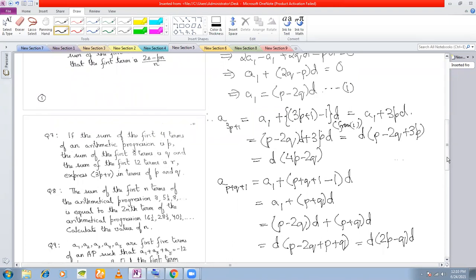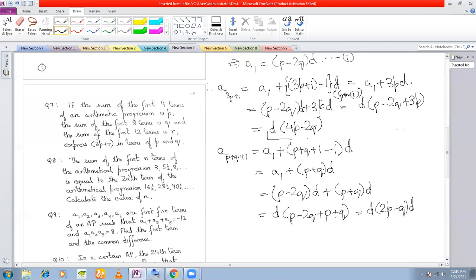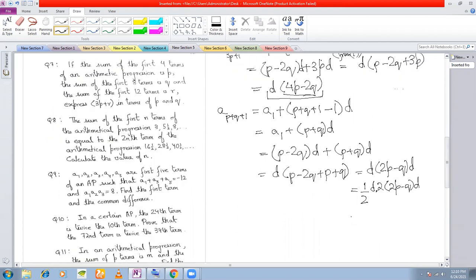Right? Now you look at this. What is this? 3P plus 1 is D into (4P minus 2Q). Here you have (2P minus Q). So in order to get this (4P minus 2Q), you take a half. Half into D into twice (2P minus Q) into D. So what are you getting?